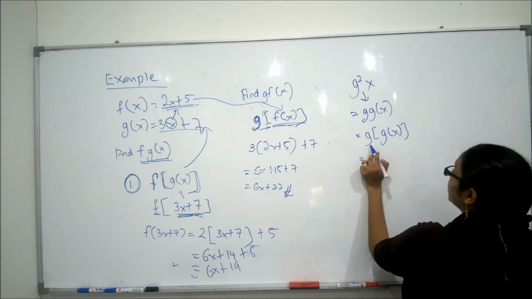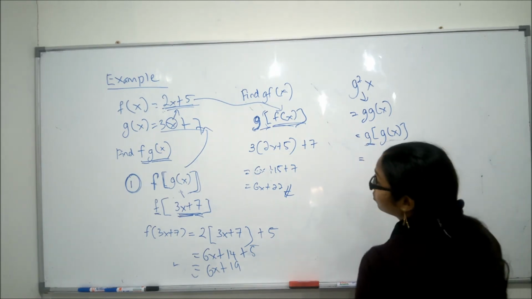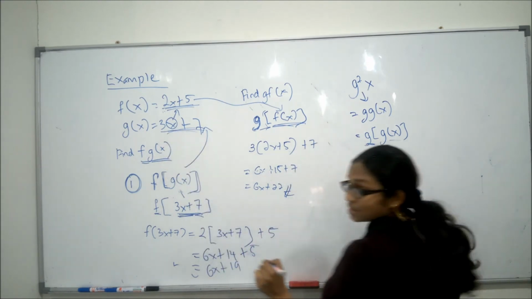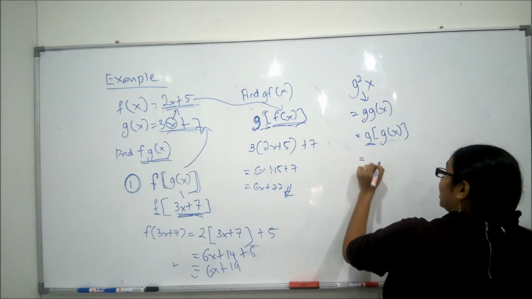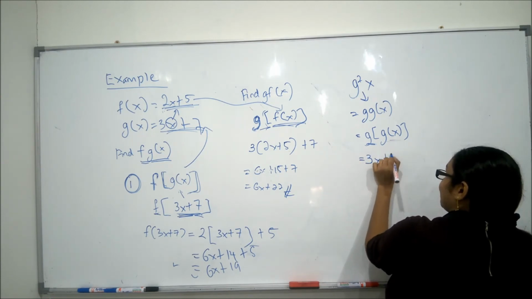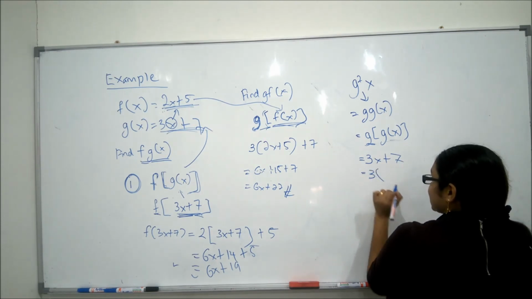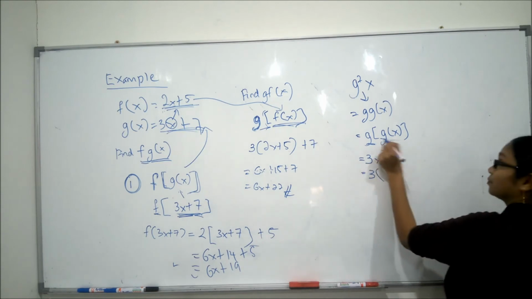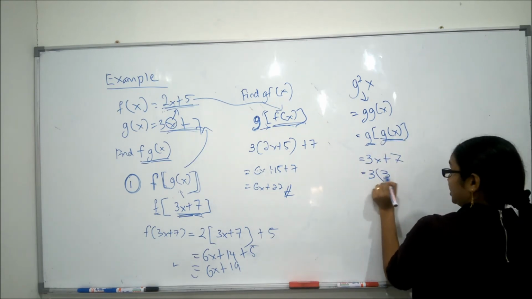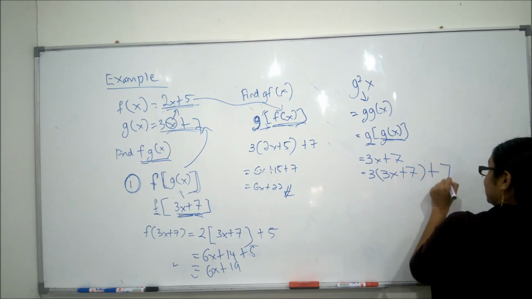Okay, so the function of g has an x value of 3x plus 7. Again, function of g is 3x plus 7. I'm substituting my x with g(x), which is 3x plus 7, plus 7.